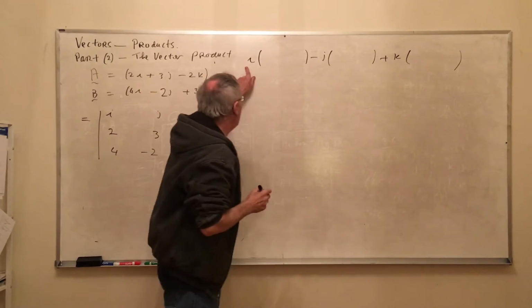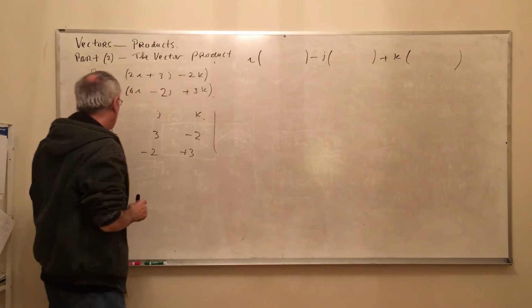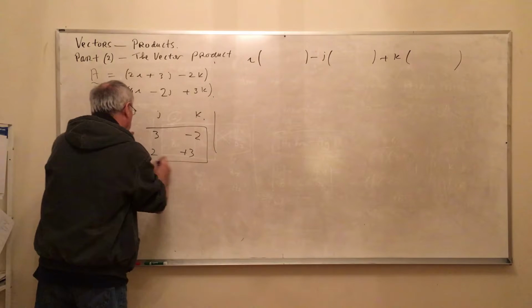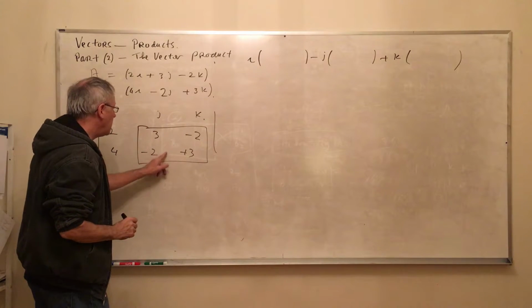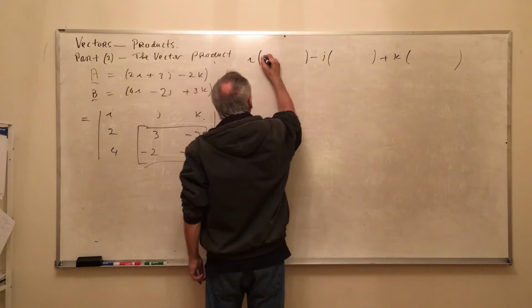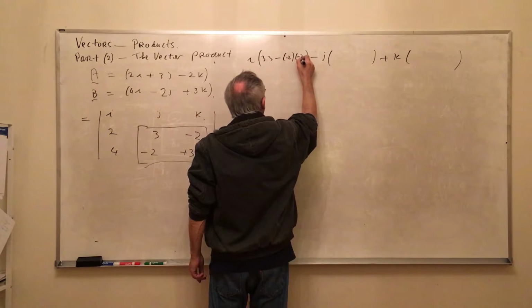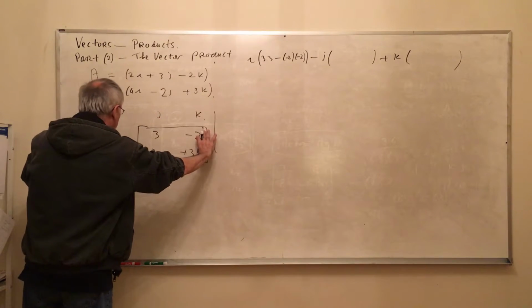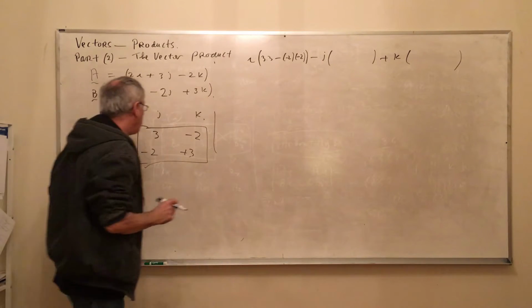Now remember, positive, negative, positive. And the cofactors. The I cofactor is this one here. 3 times 3 minus 2 times negative 2. That's that cofactor. The cofactor of J are these four guys here. 2 times 3 minus 2 times 4.